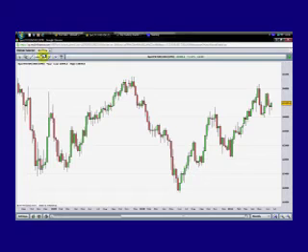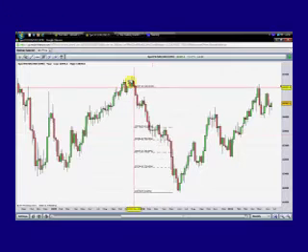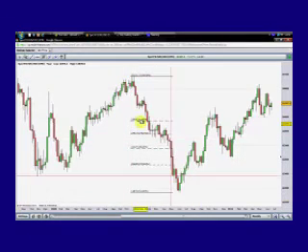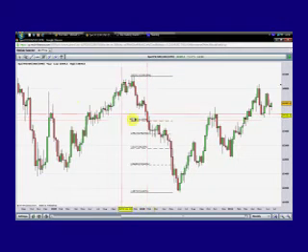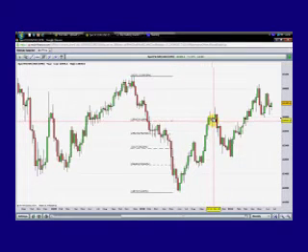So we will use the Fibonacci tool to measure the retracement here to see whether we have the first criteria of the bearish bat pattern. As you can see, where I'm going to place my red horizontal line, that's the zone of the 61.8% Fibonacci retracement level. You can see the price retrace up to that zone after the downtrend.